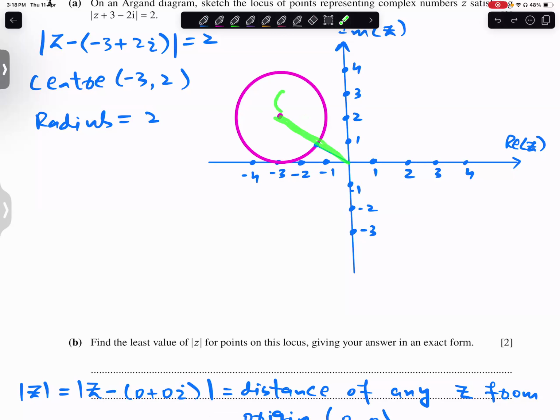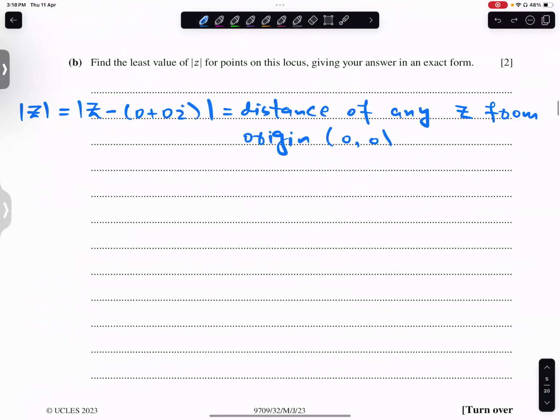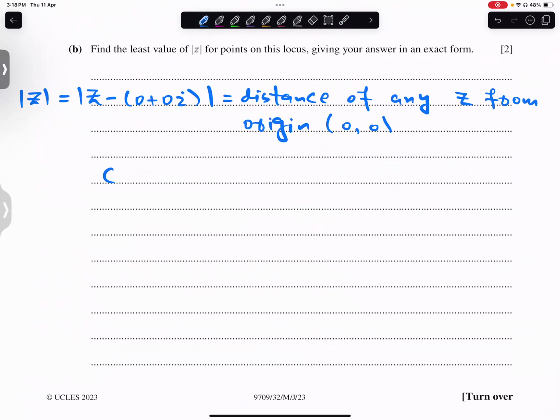We know that this center is minus 3, 2. Just take the mod of this center, and we know that the mod of the center is actually the distance of any number from the origin. So let's write the center, that is minus 3, 2, in the form of a complex number. Now take its mod.